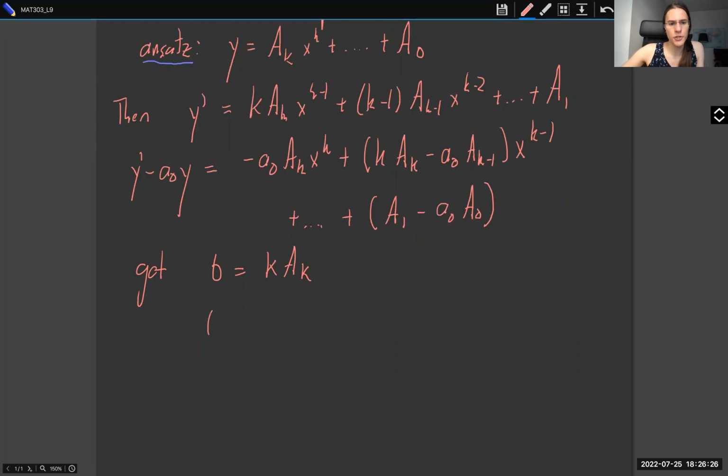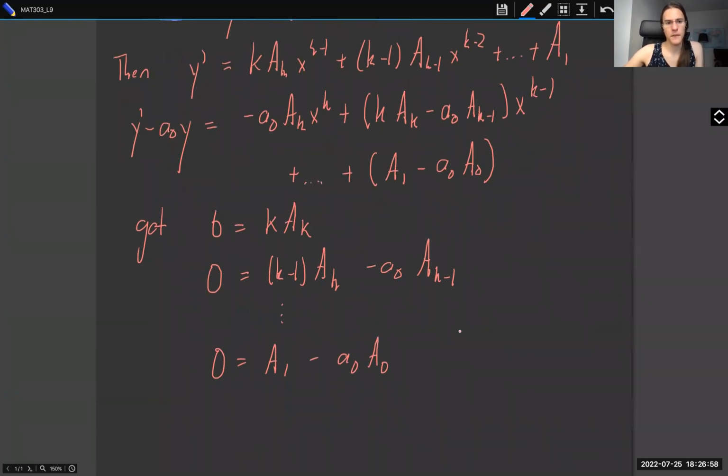Then all other coefficients are 0. So 0 is equal to k minus 1, a sub k minus 1, minus a naught a sub k here. All the way down to 0 is equal to a1 minus a naught times a naught.